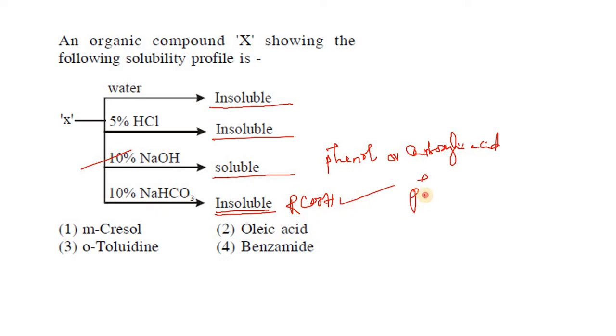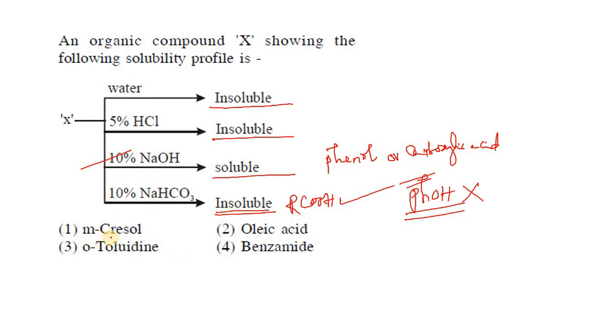If you take phenol, this one is insoluble in 10% sodium bicarbonate. Suppose the given organic compound is soluble in 10% NaOH and insoluble in 10% NaHCO3, it means the organic compound will be phenol. So you have to identify phenolic derivative or phenol.